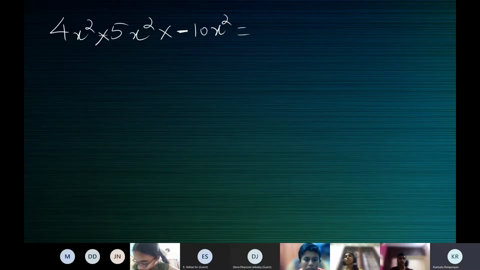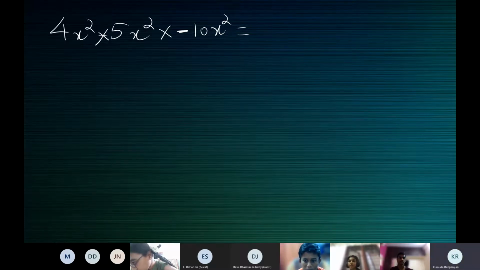Multiplication and division can be performed on both like as well as unlike terms. So multiplication and division is not sensitive in the sense you don't have to check if the terms are like terms or unlike terms. Whatever they are, you can multiply or divide.